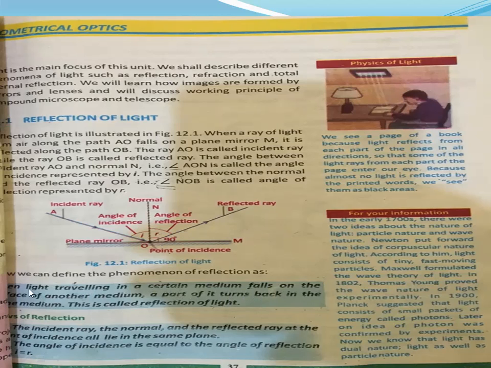Look, this light traveling in a medium is falling on the plane mirror, and a part of it goes back into the same medium along OB. This phenomenon is called reflection of light.